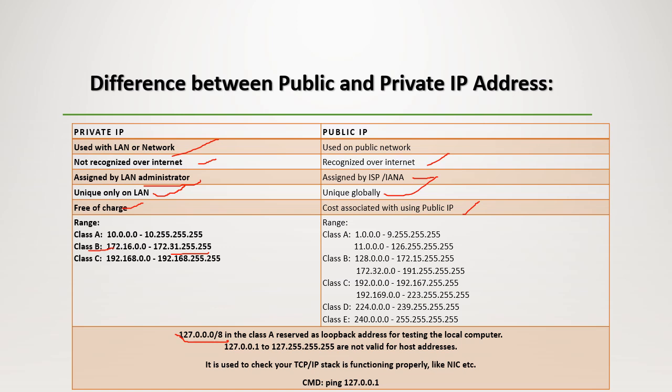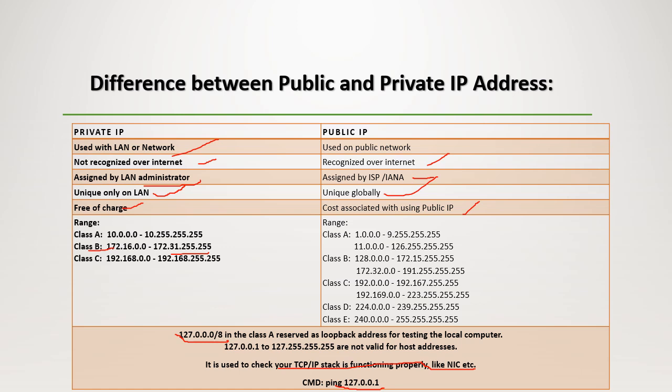It's working with another computer, but not your computer. How can you check whether my port is working properly? To check that your TCP/IP stack is functioning properly, like your NIC card is working properly, we can use this IP address. How can you use it? Open the command prompt and type ping 127.0.0.1, or any address in the range from 127.0.0.1 to 127.255.255.255.